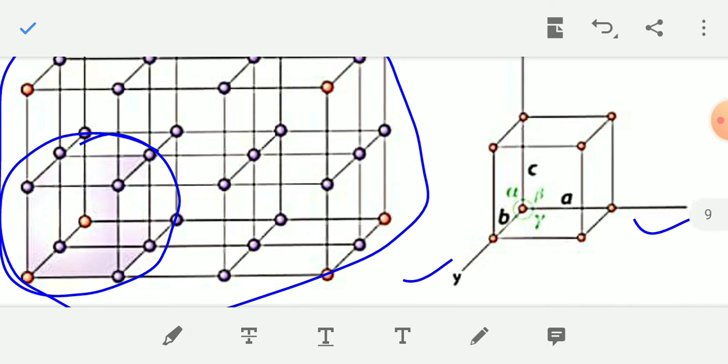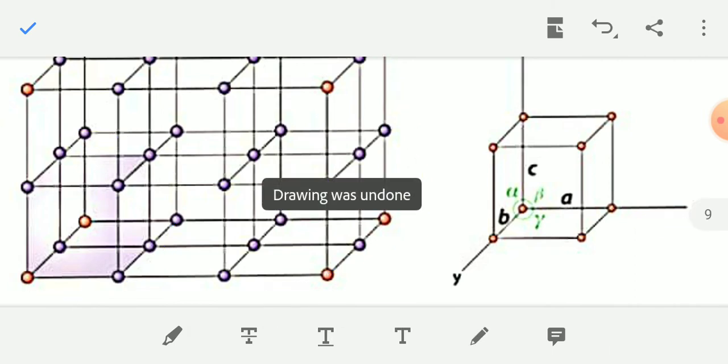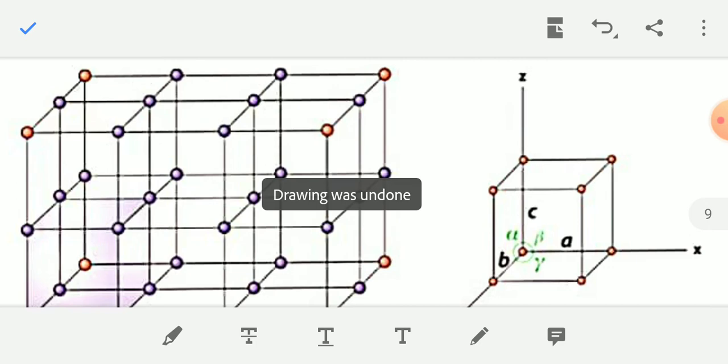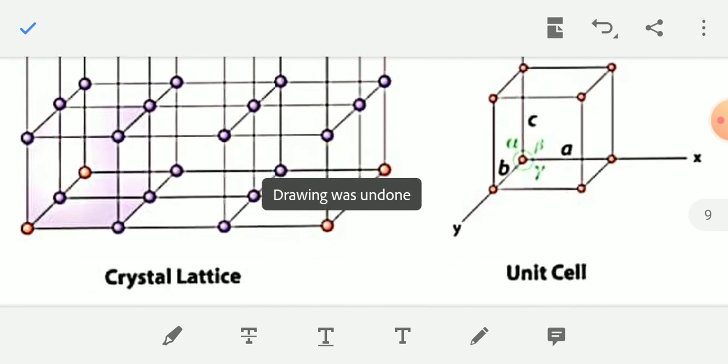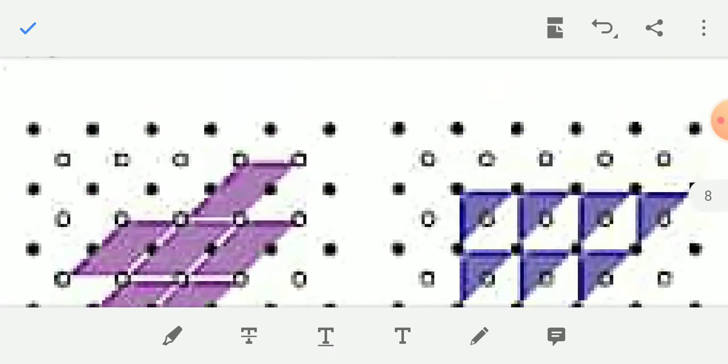This is the actual crystal lattice, because an actual crystal lattice is three-dimensional, not two-dimensional. For simplicity, it is shown here as a two-dimensional crystal lattice.